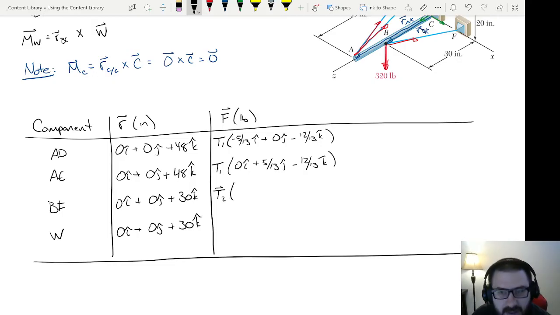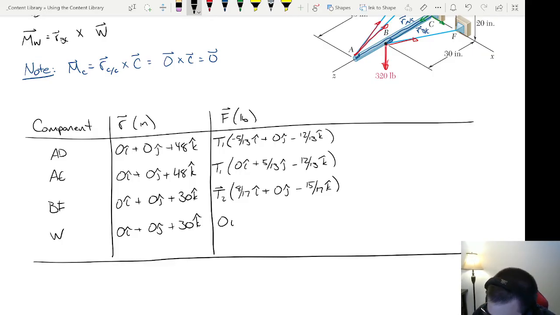Again, the bookkeeping is incredibly important. So 8/17 plus 0J minus 15/17K. I did sort of leave everything in fractional format. That way, if you're doing the calculations on your own, you can check your answers and whatnot.